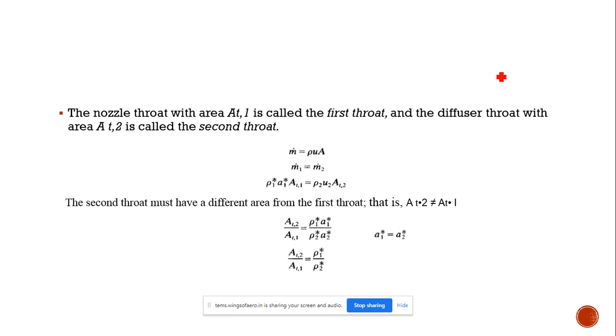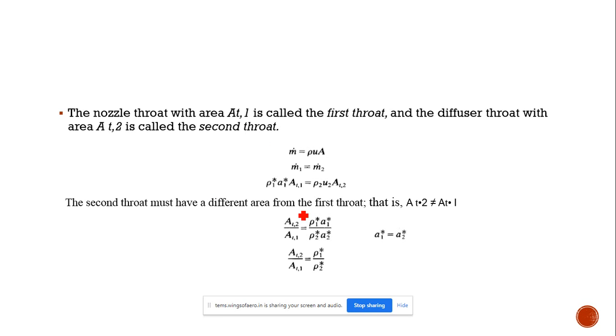So here we have one relation like this. With this relation you can understand. In supersonic wind tunnels, there will be two throats. One is the throat at the nozzle and another one is the throat at the diffuser. For designing a supersonic nozzle we need to know the throat area ratio.